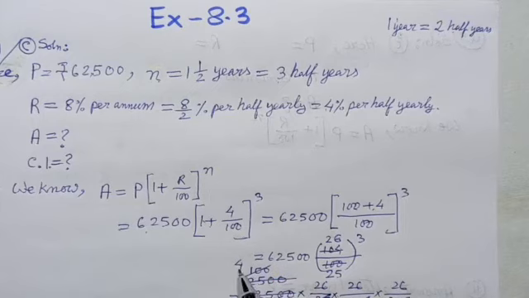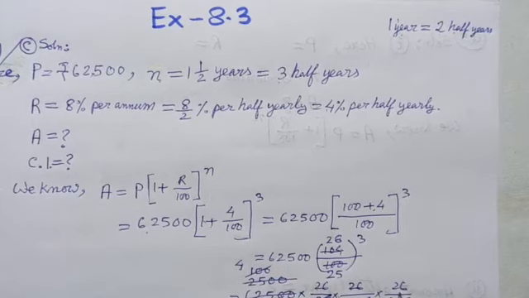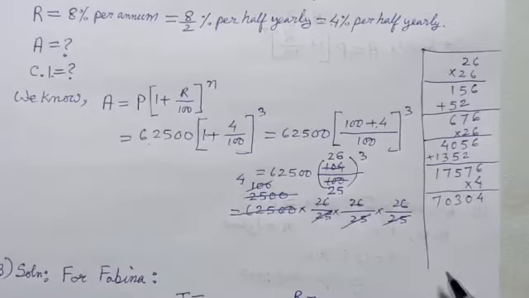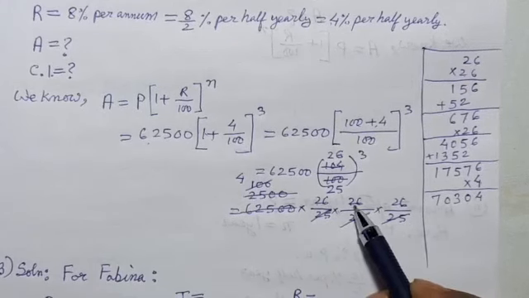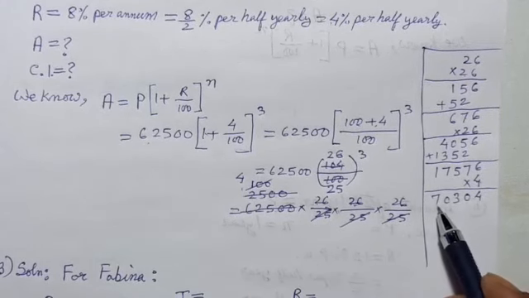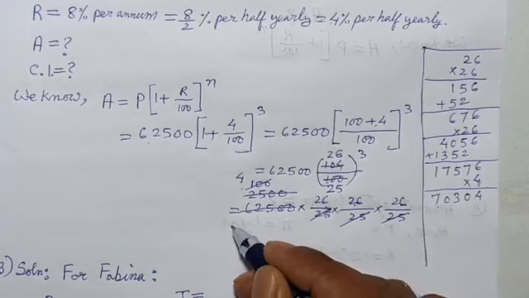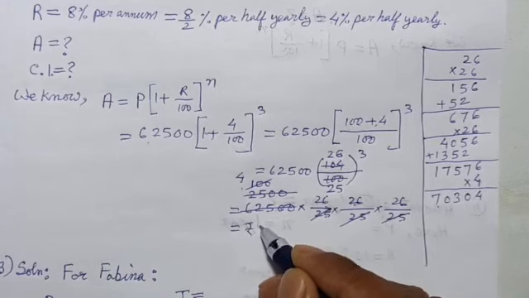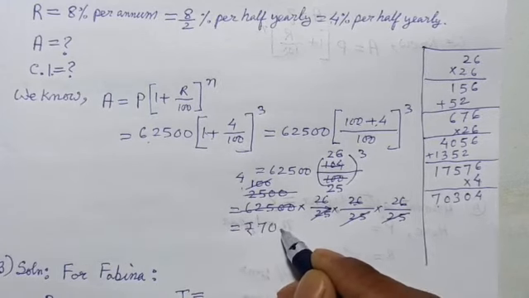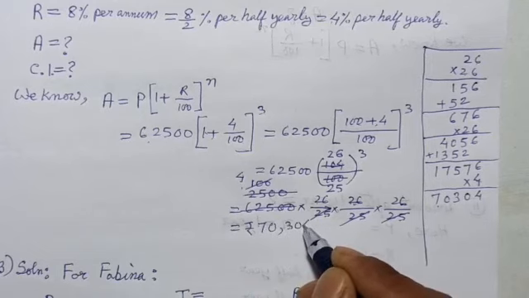Now let's multiply 4 into 26 into 26 into 26. We get rupees 70,304. This is the amount.